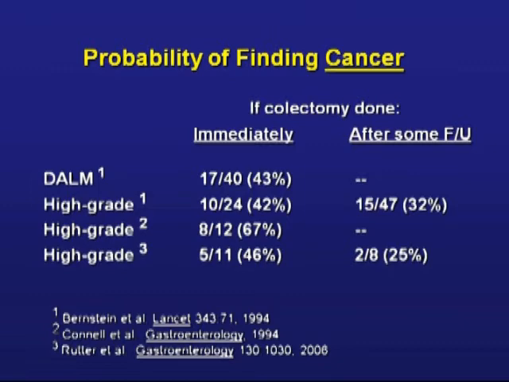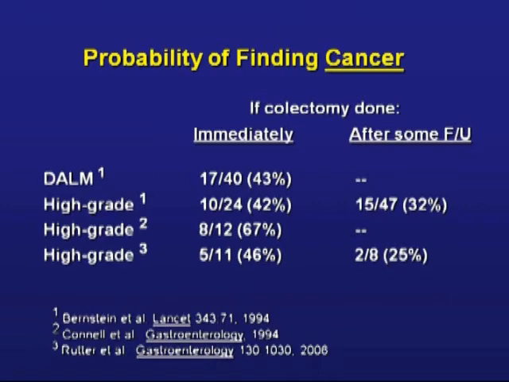If a colectomy was done immediately, meaning within the next few months of the finding of high-grade dysplasia, about 40 to maybe 65% of individuals will have a surprise finding of a cancer in that colectomy specimen, even though it wasn't seen endoscopically. Now, granted, these numbers are small, and granted, a lot of this literature is based even on fiber optic colonoscopies, which we laugh at now, but some of it was still video. It's not high def. But these are the numbers, okay?